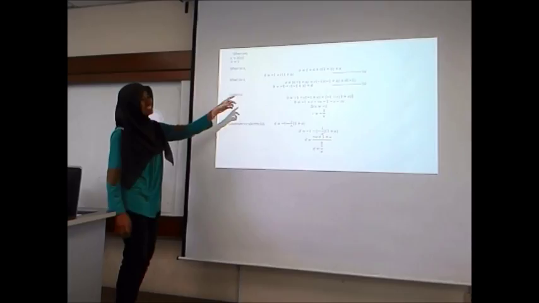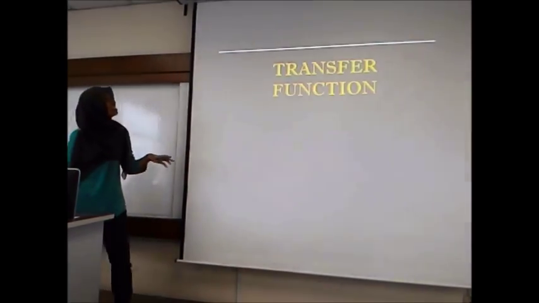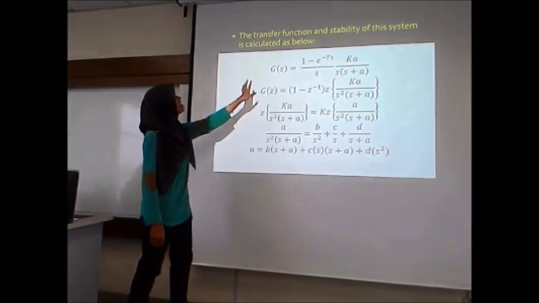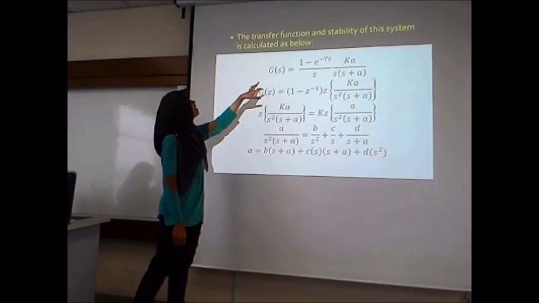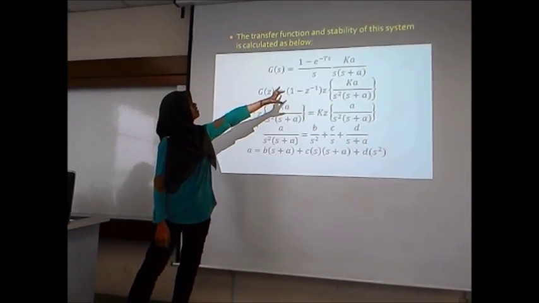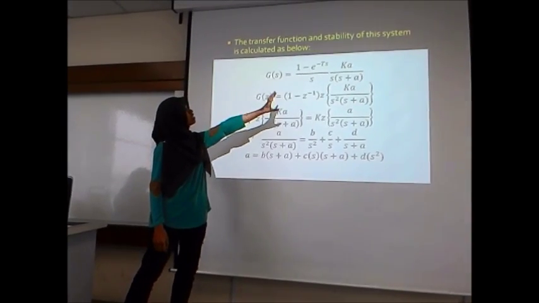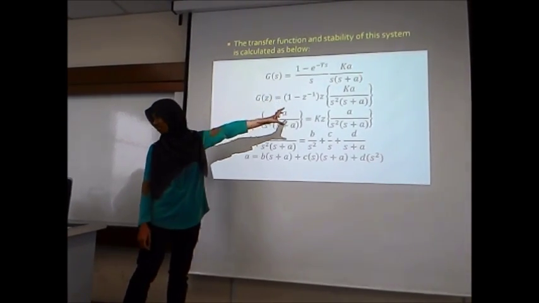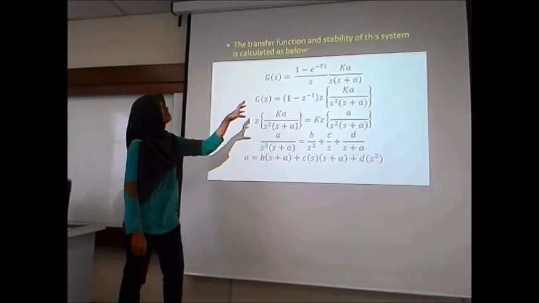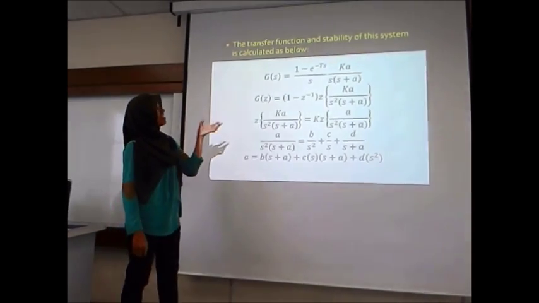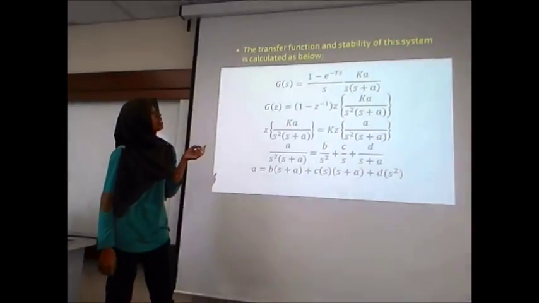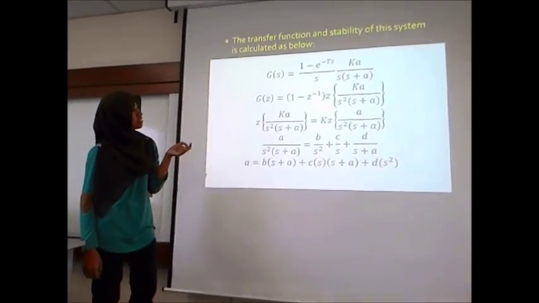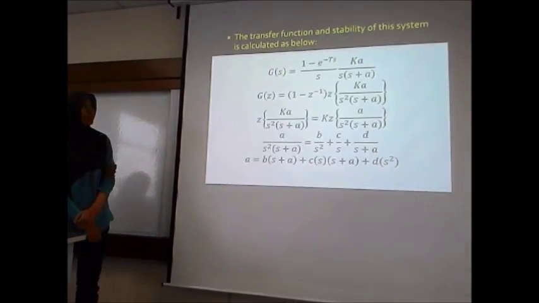G(s) in the S plane equals 1 minus e to the power negative Ts over s, times K A over s multiplied by s plus A.